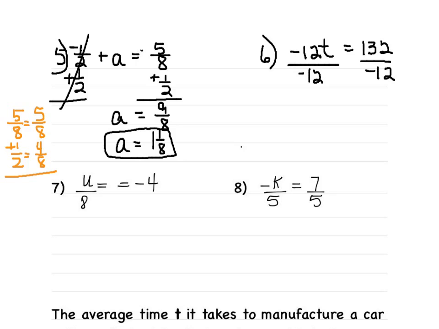Negative 12 divided by negative 12 is 1, and 1 times t is t. So these negative 12s cancel each other out, and t comes down alone. When I divide 132 by negative 12, my answer is negative 11, because 12 goes into 132 11 times.